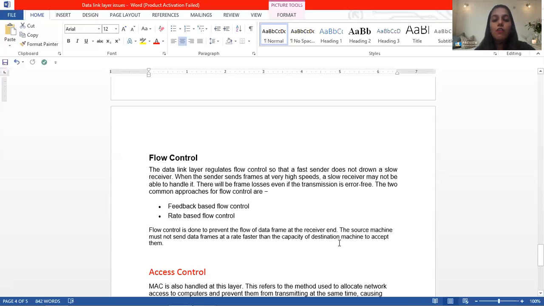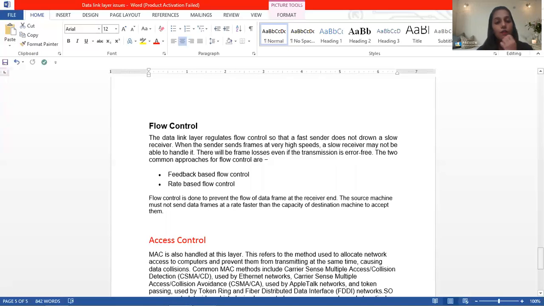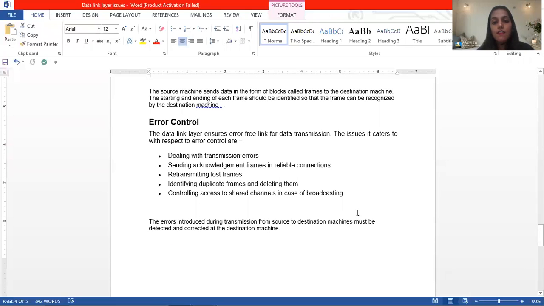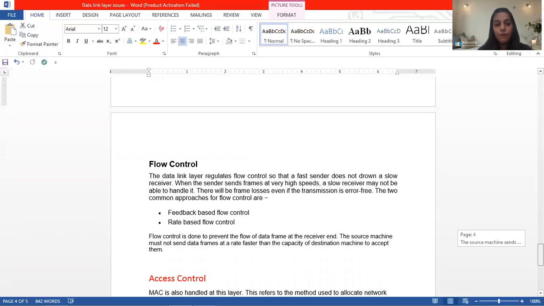Okay, so basically it identifies the capacity of the receiver, right? So this is all about flow control, and there are many different techniques in flow control, like sliding window ARQ, and in error control there are CRC, checksum methods, and many other error detection methods like Hamming codes. They work in this error control section.